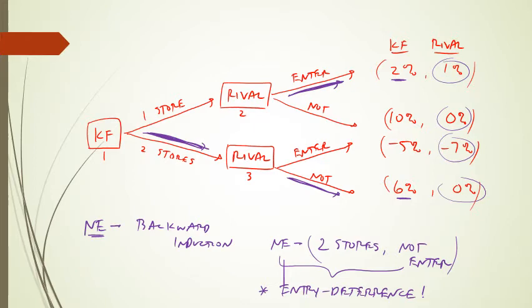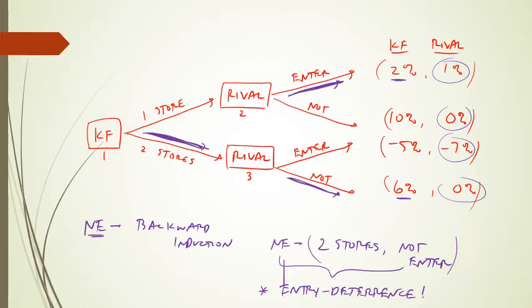So let's imagine here if King Foods starts with 1 store. The rival at node 2 will then enter because their rate of return of 1 is bigger than 0 from not entering. If King Foods commits to 2 stores, the rival here will decide not to enter because note here 0 is better than -7.